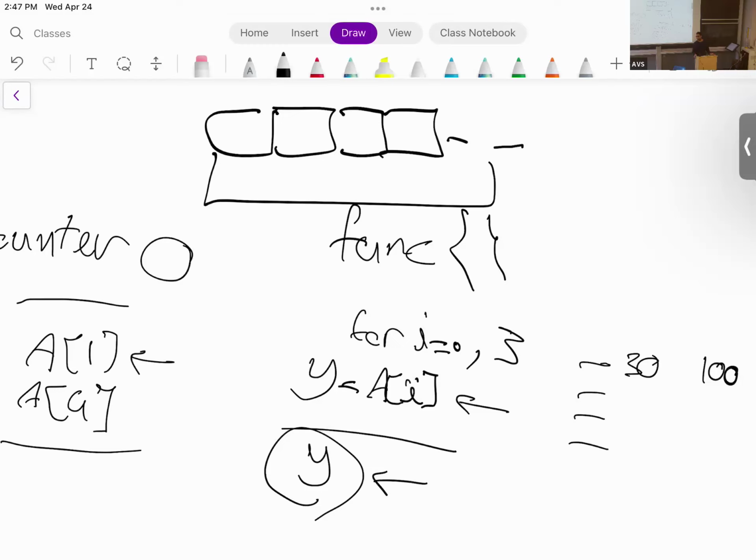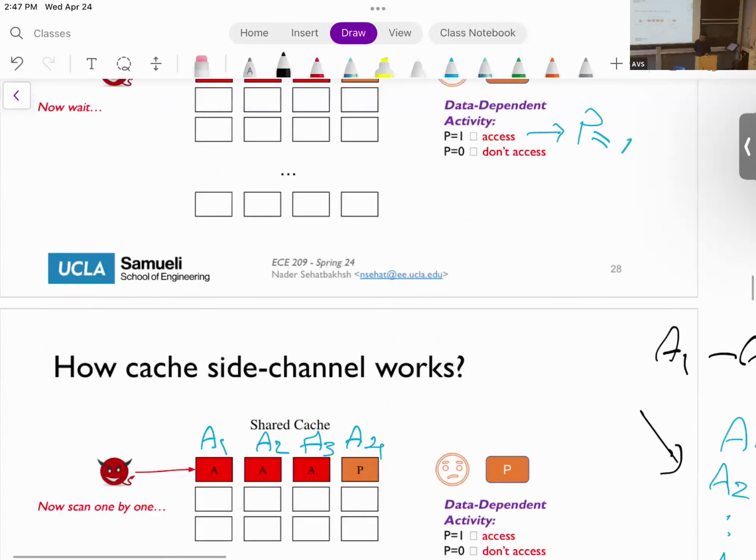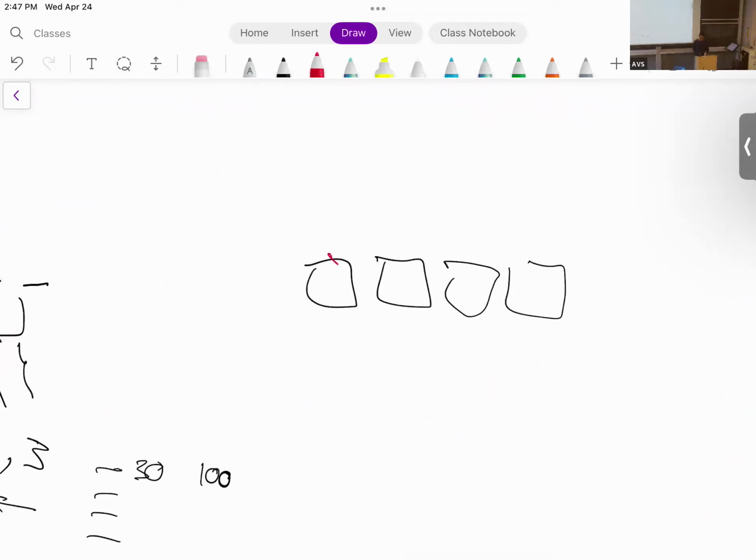Why do you need a full set? Why can't you just take a random place in memory, write your data to it, read back later and see that there's a delay? Because then how do you know that the victim evicted it? Let's do the alternative. Say we have 4 ways, and the adversary fills 1 instead of all 4. The adversary waits. Now the victim comes and wants to kick something out.